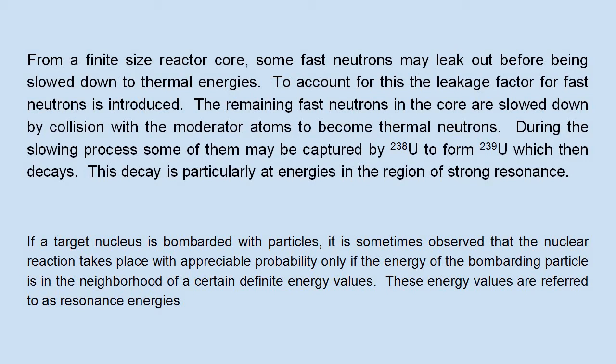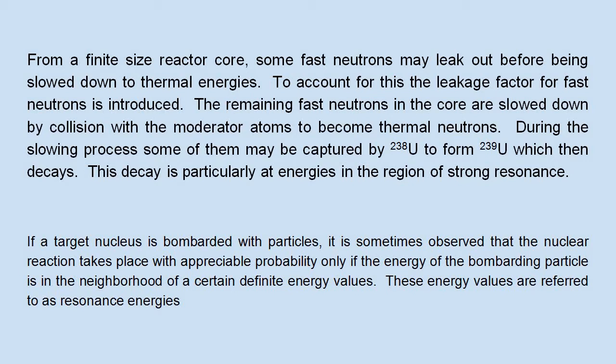Neutrons may leak out, and to account for this, the leakage factor for fast neutrons is introduced. The remaining fast neutrons in the core are slowed down by collision. So you have a large number of fast neutrons produced, and some of them are lost. You consider a leakage factor for that, and there will be remaining fast neutrons.